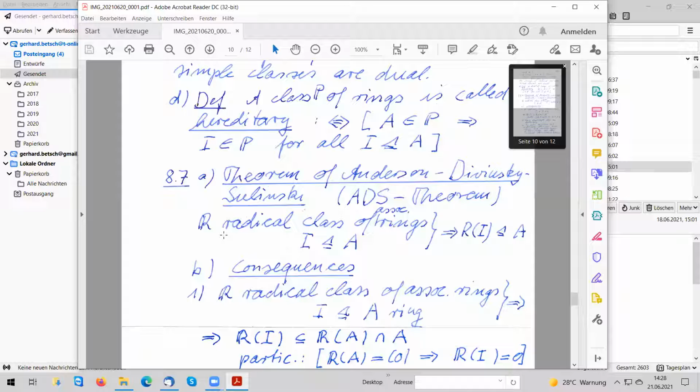This is by no means trivial. You see, we have here a theorem.